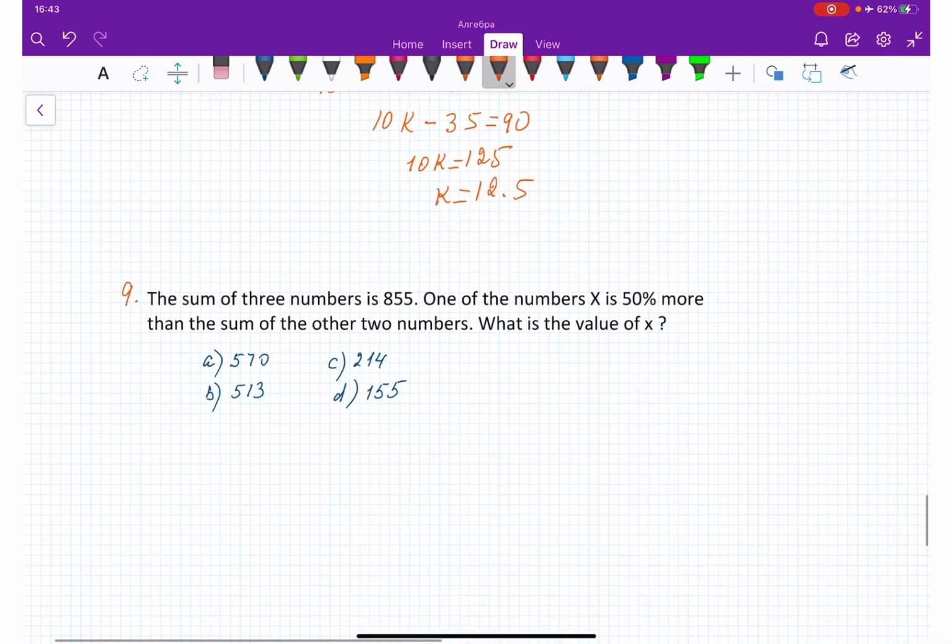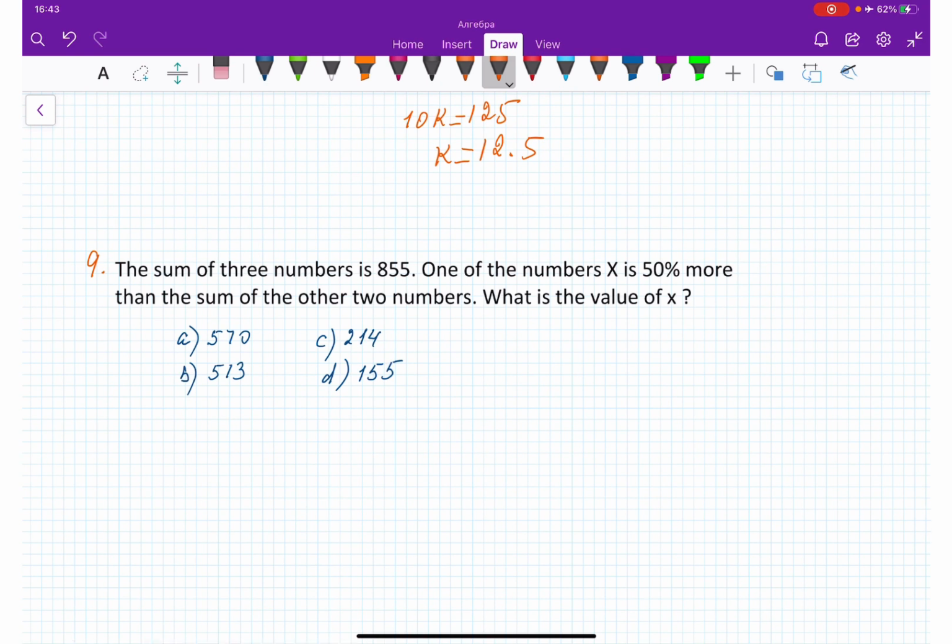Moving to the next question, question number 9. All right. The sum of three numbers is 855. One of the numbers, x, is 50% more than the sum of the other two numbers. So, first of all, the sum of all three numbers, x plus y plus z, is equal to 855.